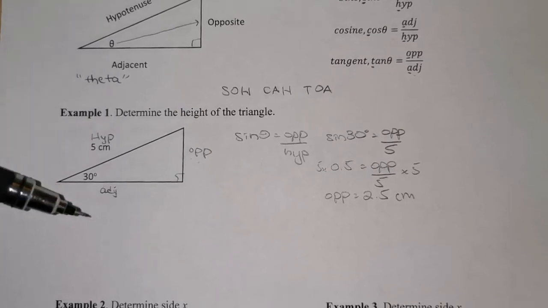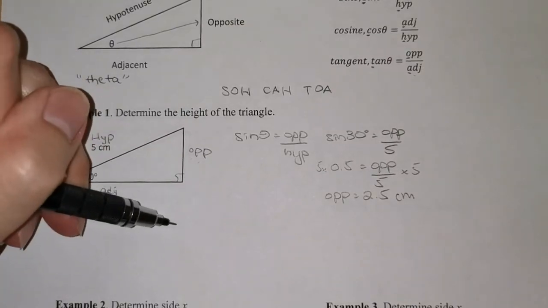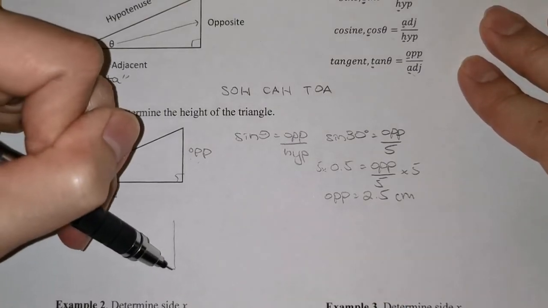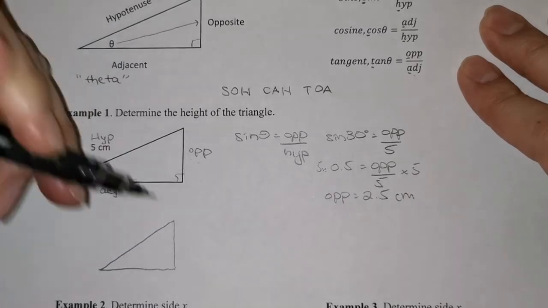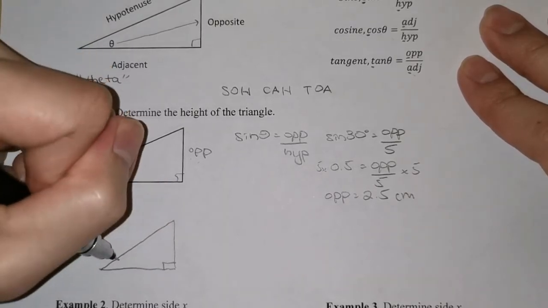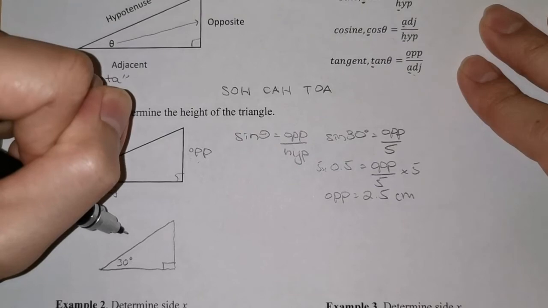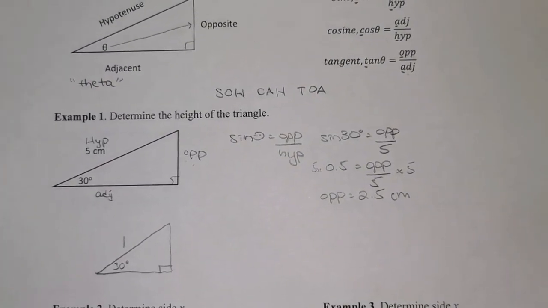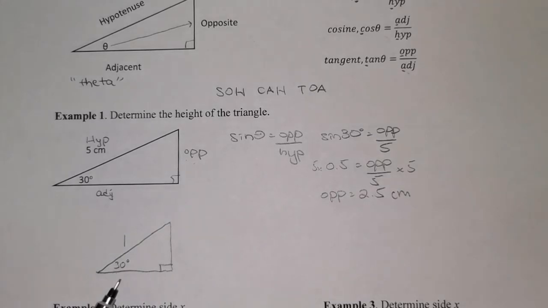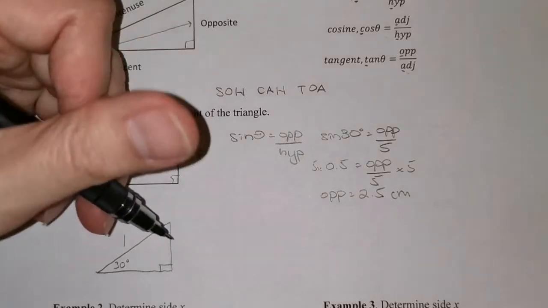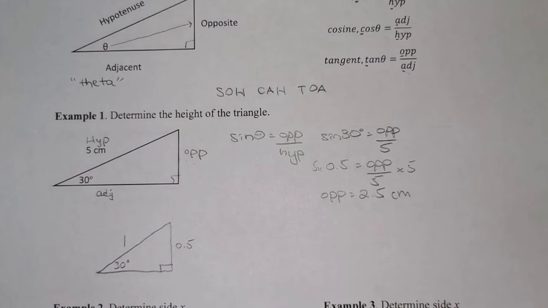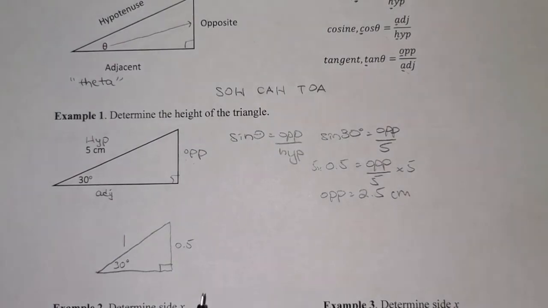So how this relates to the stuff that we did yesterday or the day before was if we have our reference triangle, 30 degrees, and it had a hypotenuse of 1. So if you look on GeoGebra and you move the angle so that you get 30 with a hypotenuse of 1, then it will show you that the height of that triangle is 0.5.